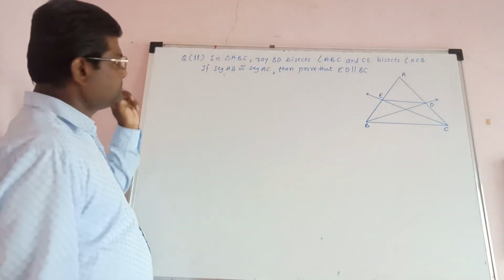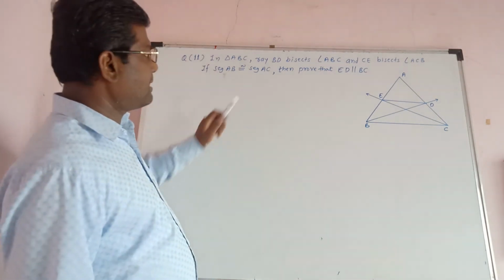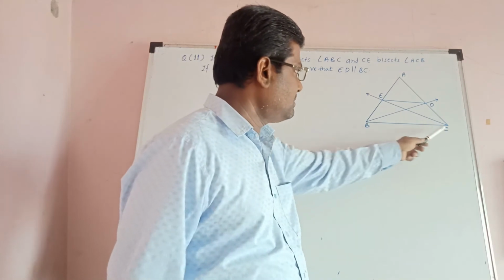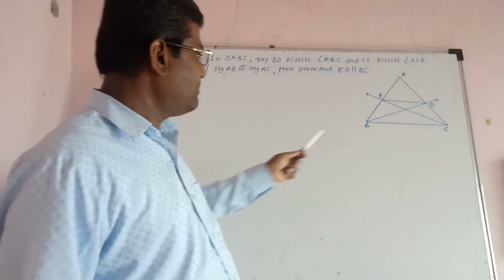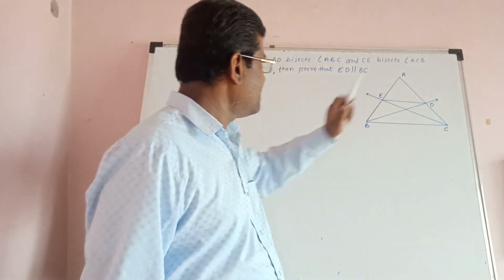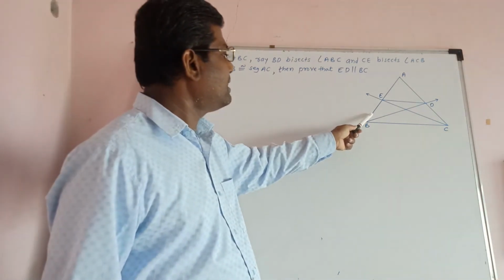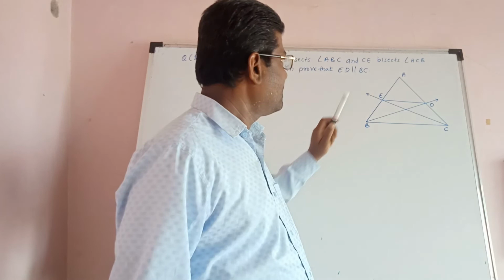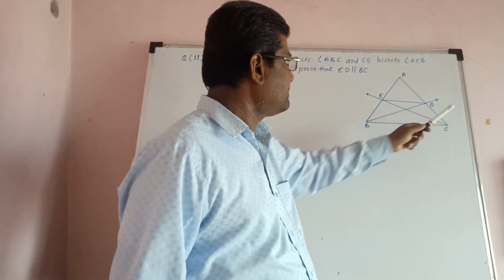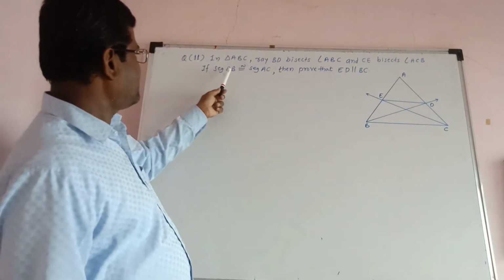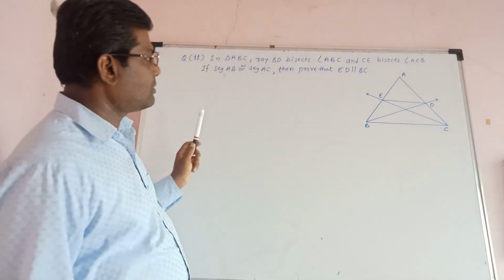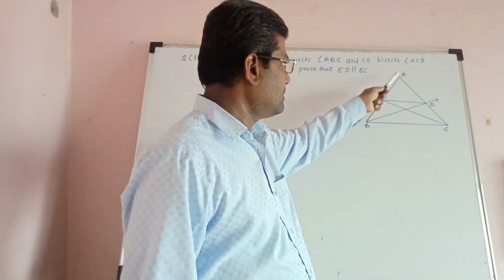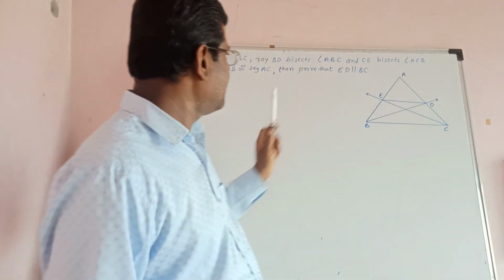Number 11, in triangle ABC, ray BD bisects angle ABC and ray CE bisects angle ACB. Segment AB congruent to segment AC.